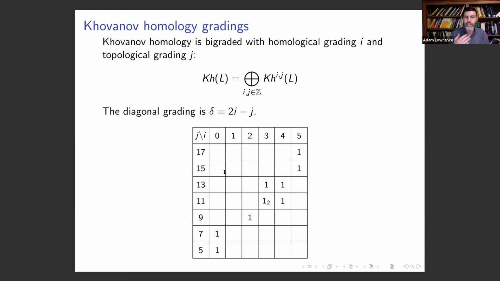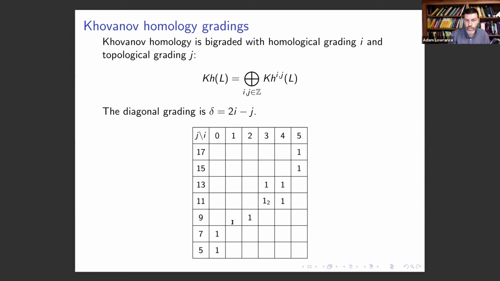Just to set it up, this is how I'm going to talk about Khovanov homology. For me, Khovanov homology is going to be a bigraded abelian group, and the way I like to display it is in these grids. The column is indexing the polynomial grading, or the quantum grading. The row is indexing the homological grading.